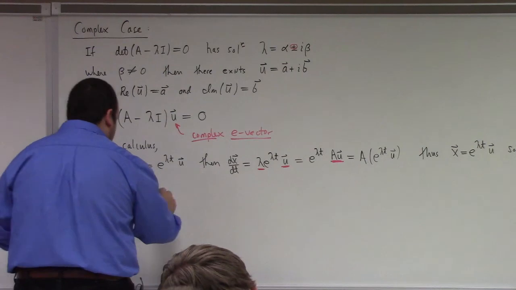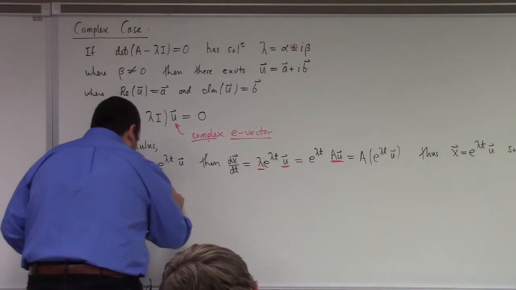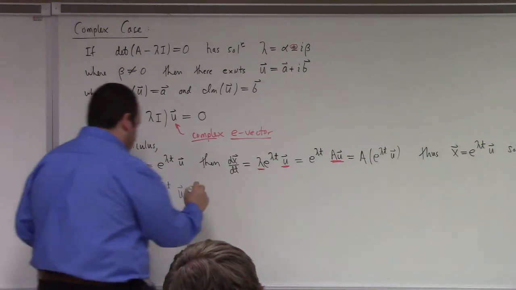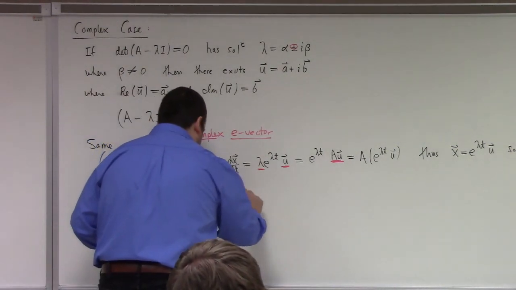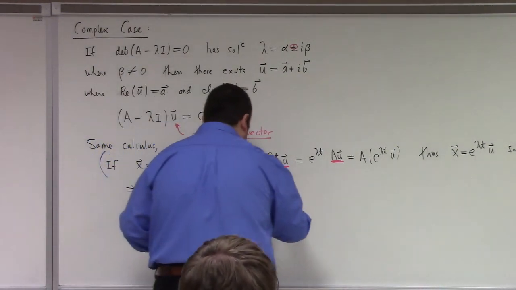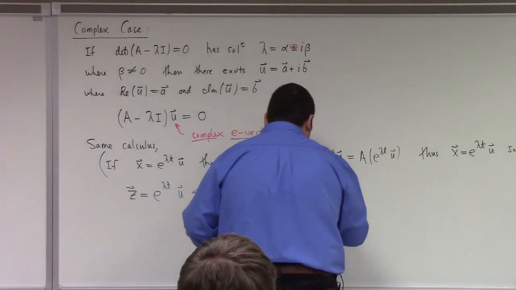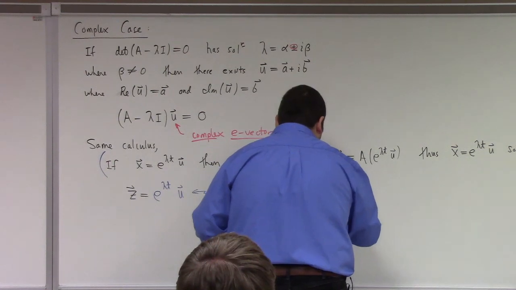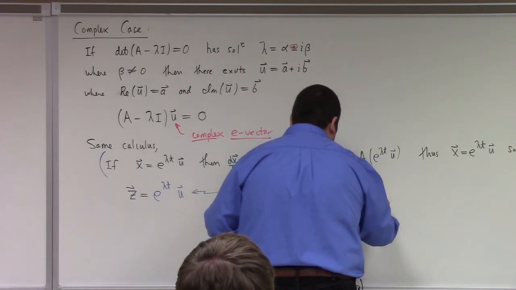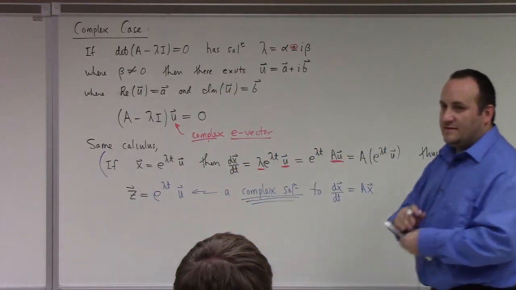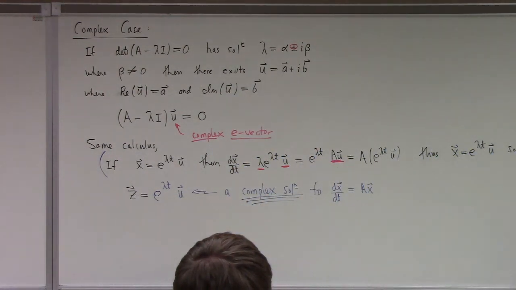If we put z equal to e to the lambda t u, this is a complex solution to dx/dt equals Ax. If you want to be picky, technically speaking, it's not a solution to the problem as stated. It's a solution to a corresponding complexified problem.